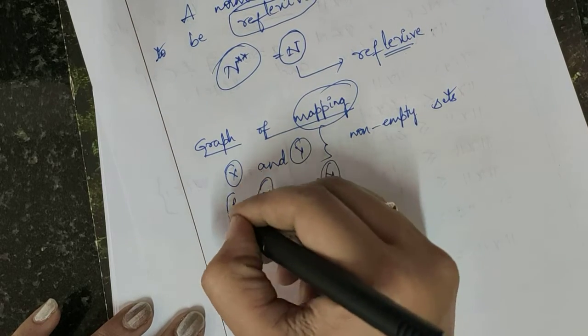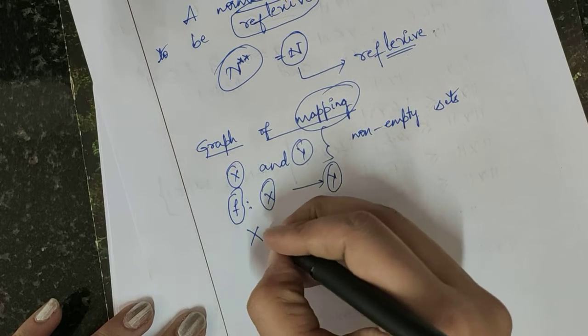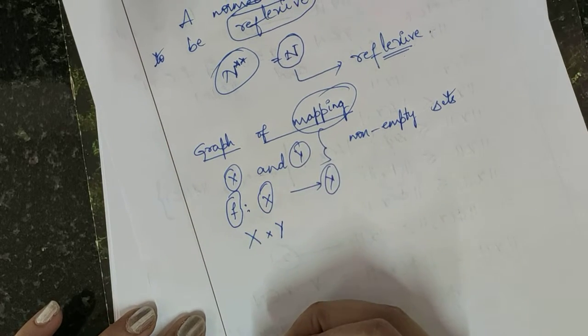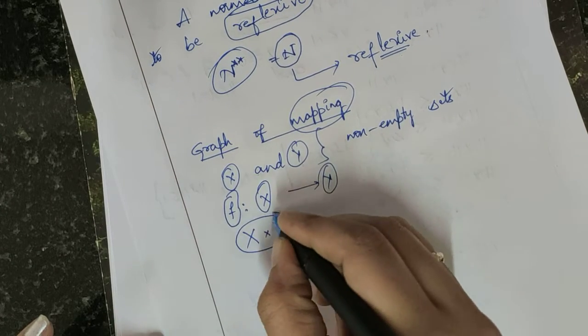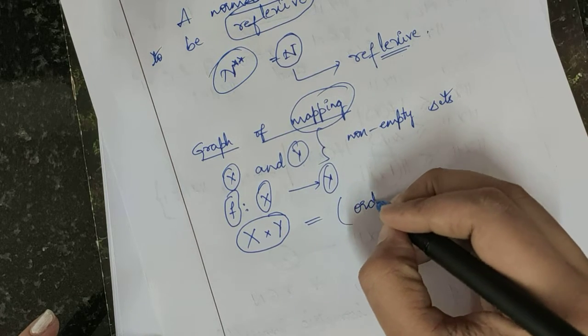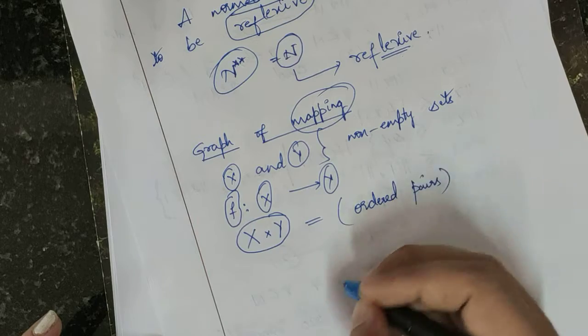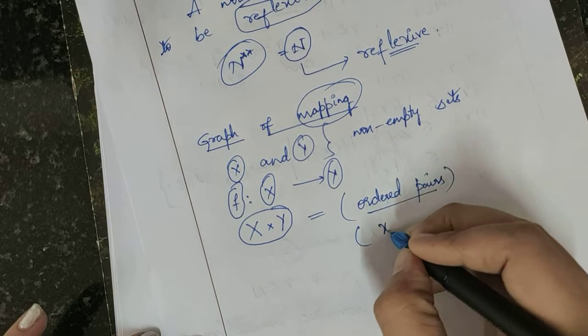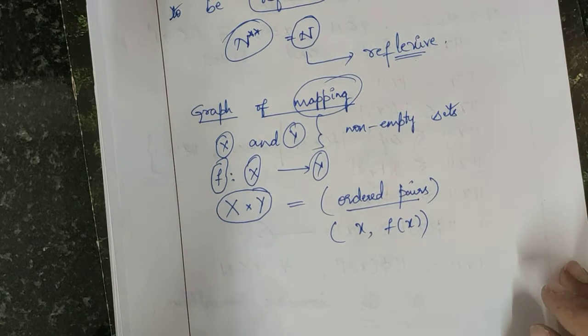Then the graph of f is defined as a subset of X cross Y consisting of all ordered pairs of the form x comma f of x. This is how we define the graph of a mapping.